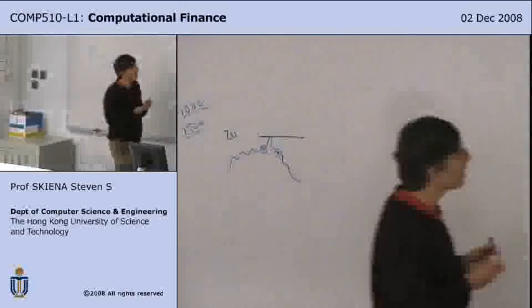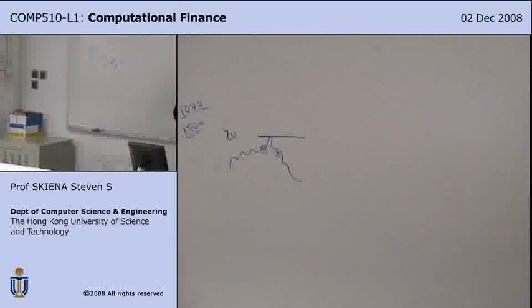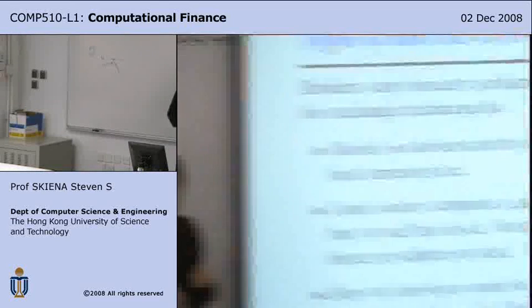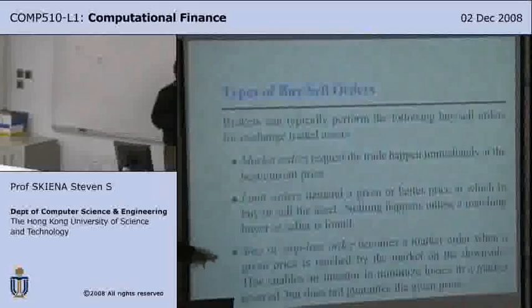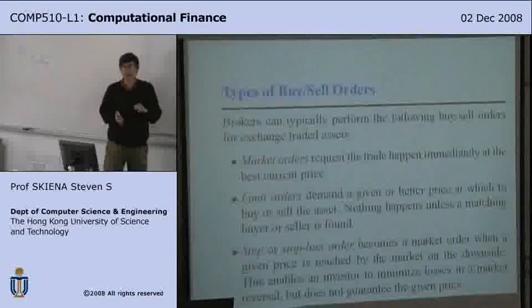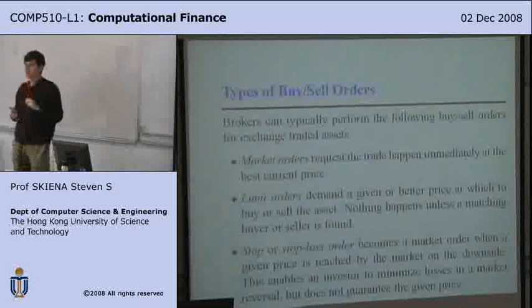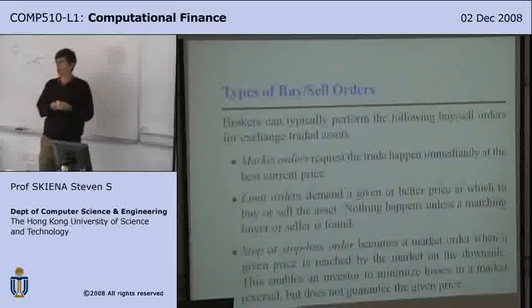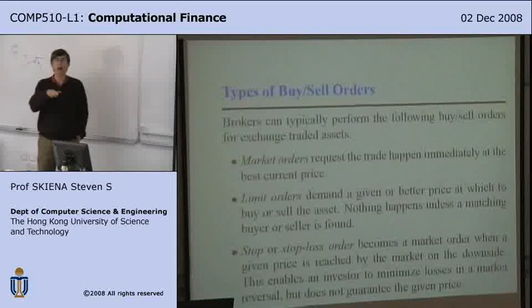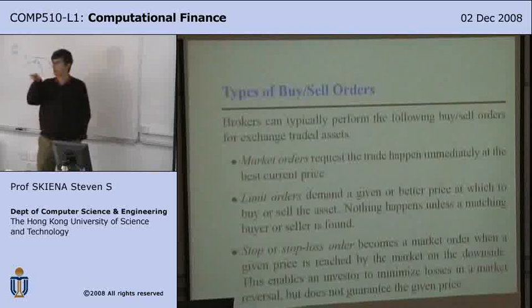So the limit order guarantees you a price. The market order, in principle, guarantees you that it will sell. Okay? The stop loss order or the market if touch order says that when something happens, put in the market order, as opposed to putting the market order in now. That's my way of thinking about these things.